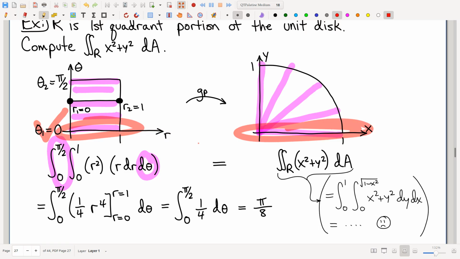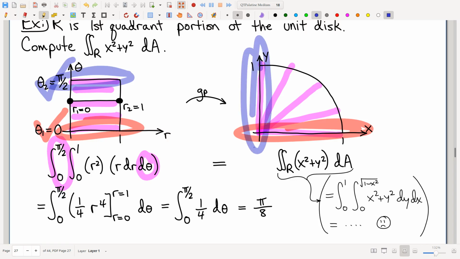And I can already see in the xy plane that first theta slice is where theta is 0. And likewise, this last theta slice that gave me my upper bound of pi over 2, well, there it is. Here in the xy plane, that's clearly the last one of these radial slices. That's clearly where theta is pi over 2.